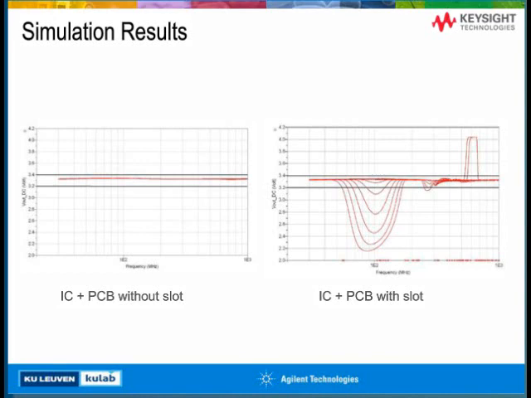When we have the IC with the PCB with no slot, we see that we can apply very high levels of incoming fields without actually having an influence on the output voltage of the IC. So it's working quite well. As soon as we have the slot there, we see that we can get the IC out of spec with the incoming plane waves. So this ends this example.